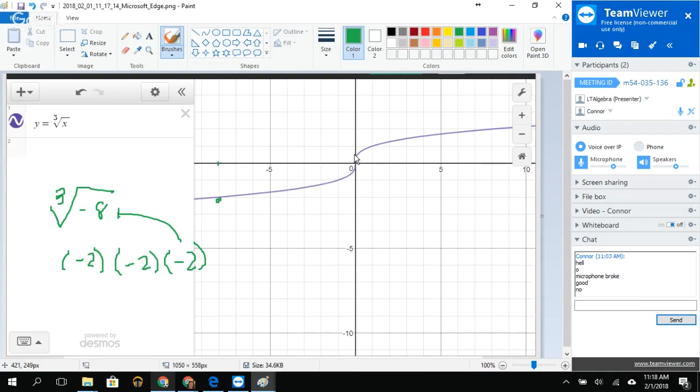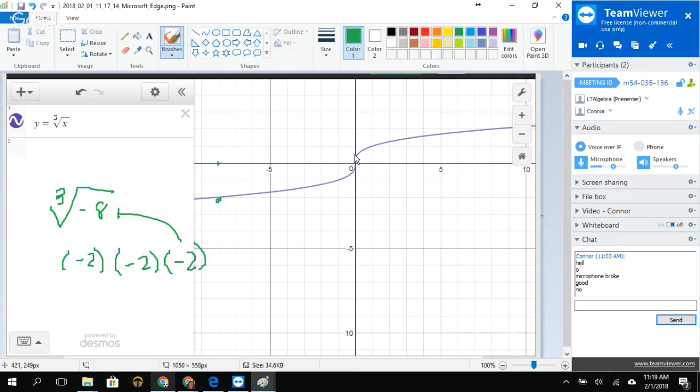And that's because a long time ago when we learned about multiplying and dividing negative numbers, remember, if you have an even number of terms that you're multiplying or dividing, then you end up positive. And if you have an odd number, you can end up negative. So that has to do with the fact that you're multiplying an odd number of times, why you can take the cube root of a negative number, but you can't take the square root of a negative number.